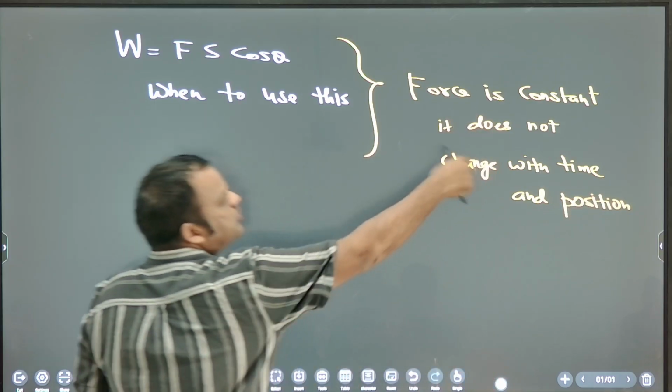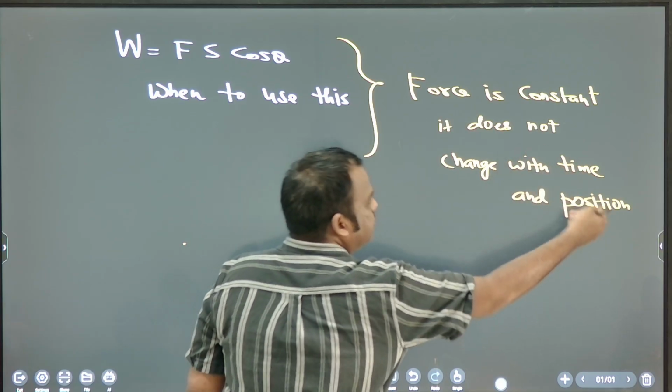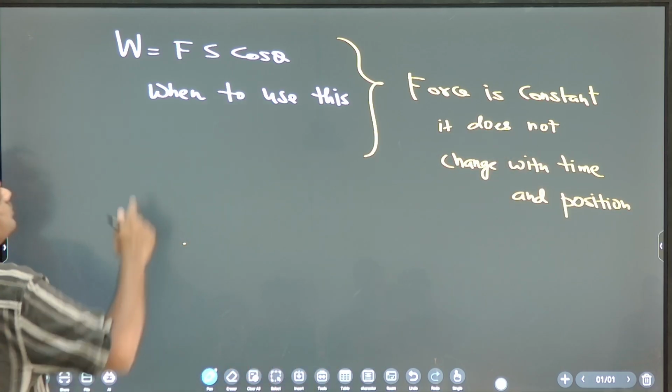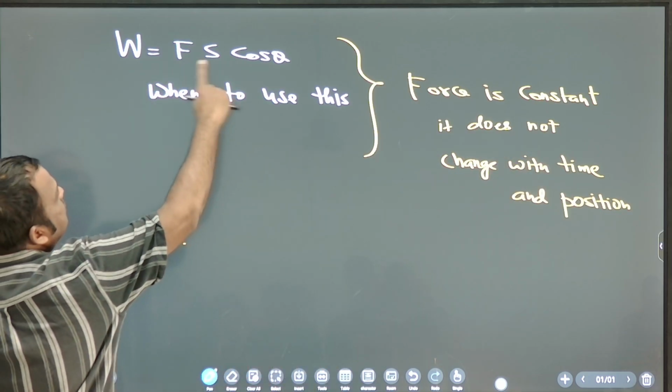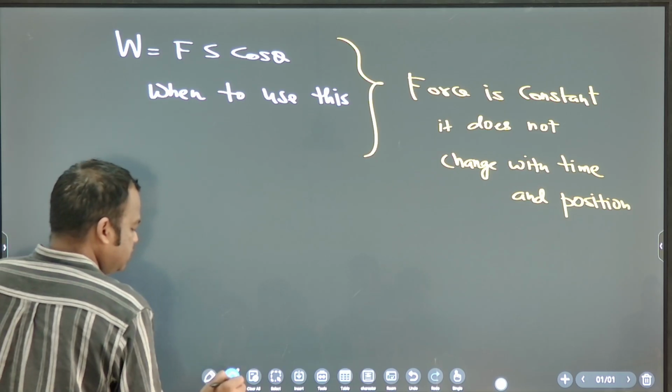I will come to this later. What do you mean by change with time or change with position? I will explain this. So first of all, remember it is constant.